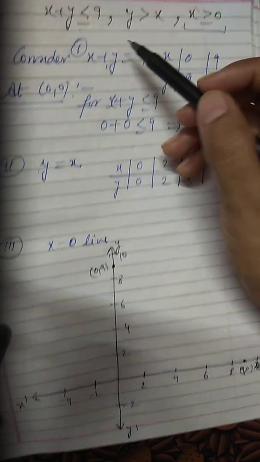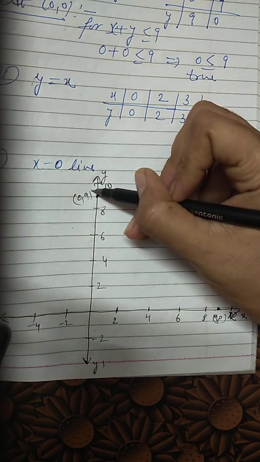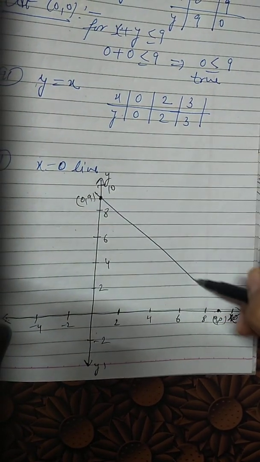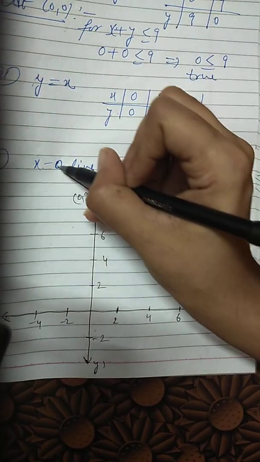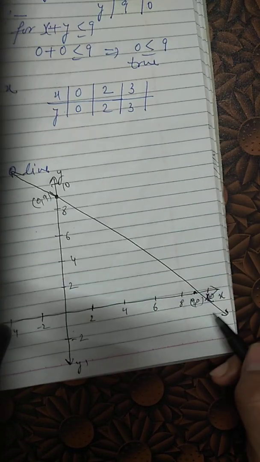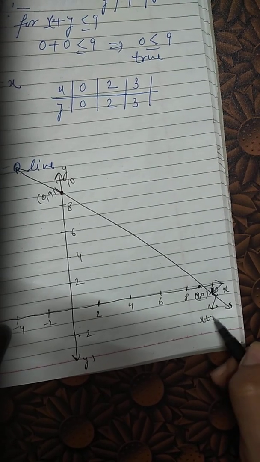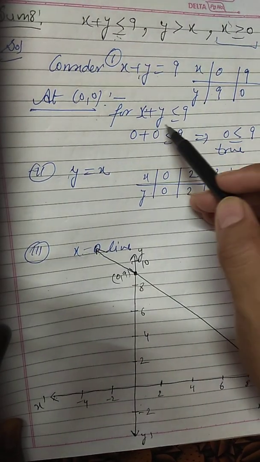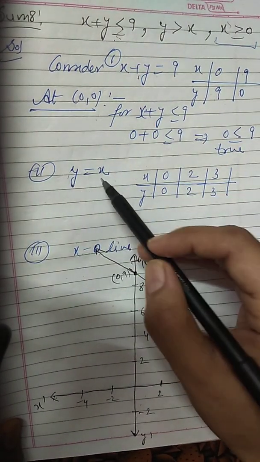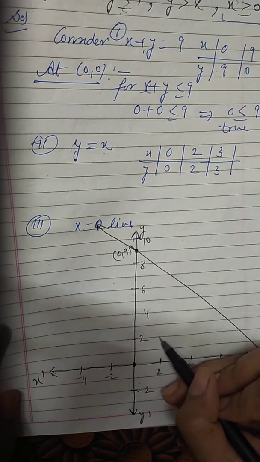The given inequality here is slack, so the line will be a solid line which will pass through these two points. So here will be the line, we will extend it and we will name the line, it is the x plus y equals 9 line. Second is the y equals x line. So when x is 0, y is 0. When x is 2, y is 2.